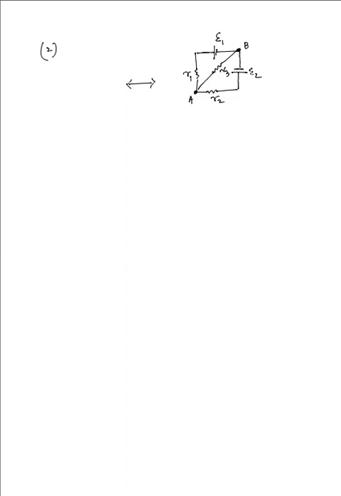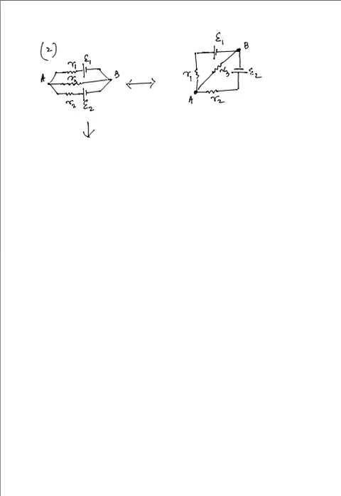I'm redrawing it in a better sense. So there we had the internal resistance. Here the resistance has been written separately. So this is R1, this is E1. It's exactly the same circuit with an additional resistance. Here we have R2, and then we have E2, and this is between the points A and B, plus we have an additional resistance that is connected in parallel, and this is R3.